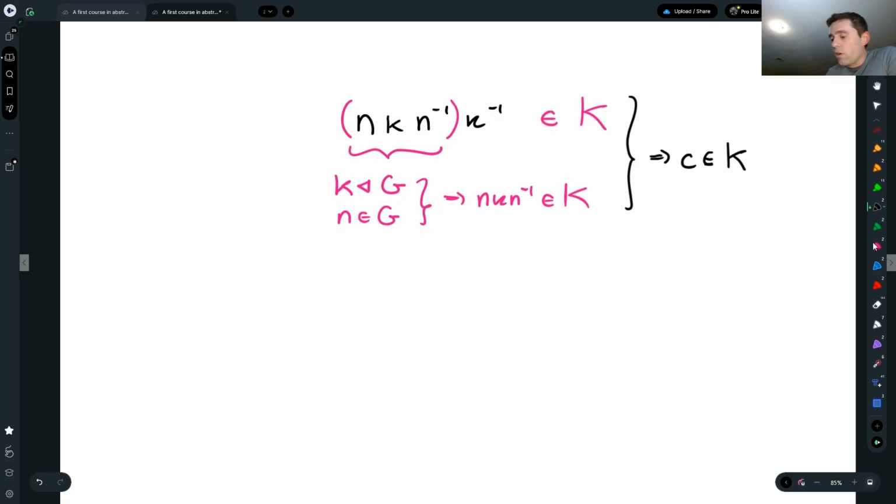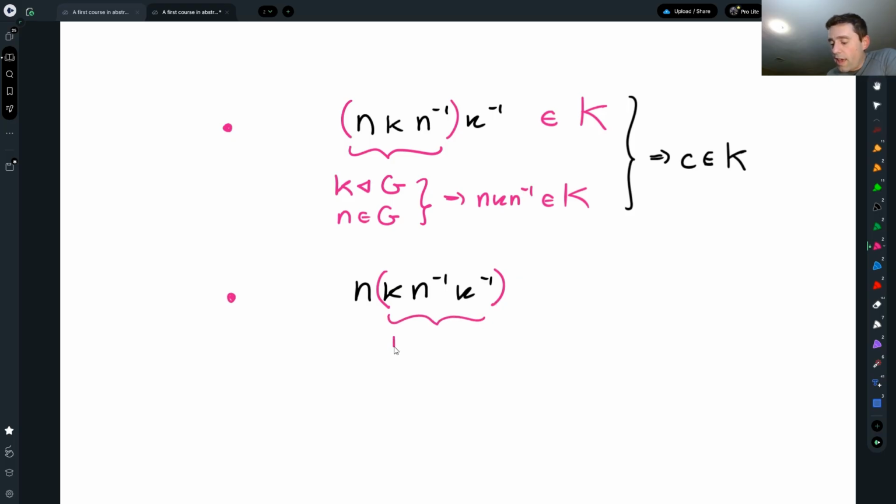And similarly, I can rewrite my n k n inverse k inverse as follows. I'm going to put parentheses in here. And now notice that because N is normal in G and k is in G, these two things together tell me that k n inverse k inverse is also in N. Why?